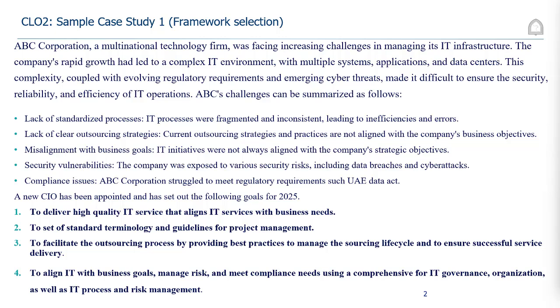Is it going to support the business? That's the takeaway I want you to take away from this course, IT strategy and governance: how we can ensure that the IT we are implementing in organizations is actually helping the businesses to meet their objectives.